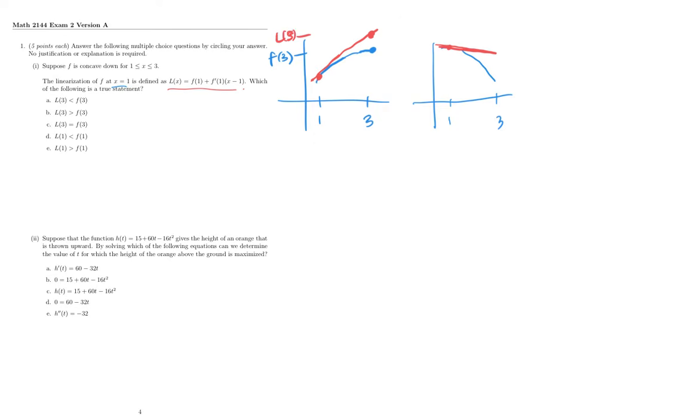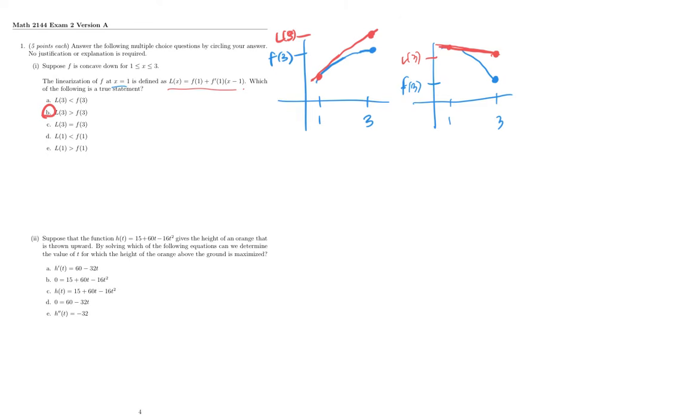So I can see that the linearization is greater. Let's see if that's true in the other case. In the case where f is decreasing and concave down, f of 3 is down here, and the linearization at 3 is up here. So I can see in both cases, the linearization is greater than f of 3. So the correct answer is B.